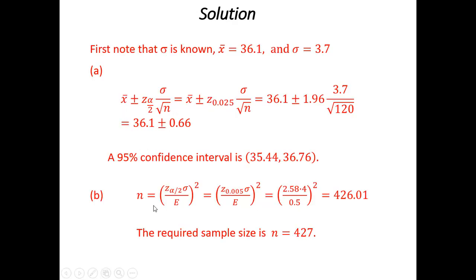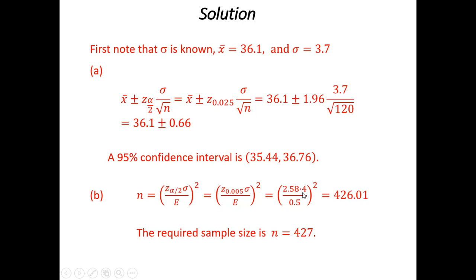Okay, so we know that we have a nice straightforward formula for this. n is equal to z alpha over 2 times sigma over E, squared. Our E was given, 0.5. Our standard deviation is 4.